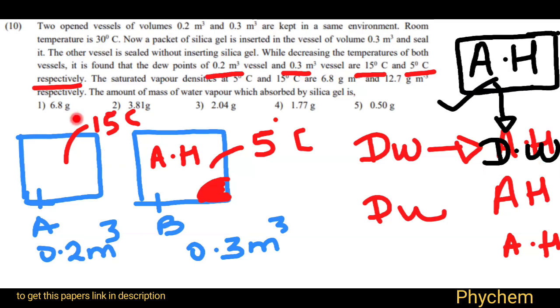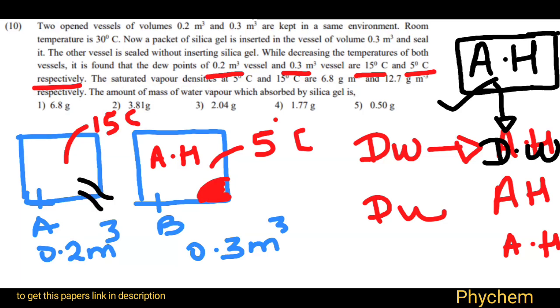In the same environment A, there is no silica gel, so A experiences 15 degrees Celsius as its dew point. At 15 degrees Celsius, the maximum saturated vapor density is 12.7 gram. So by looking only at A, you can conclude that the initial vapor density is equal to the dew point vapor density.